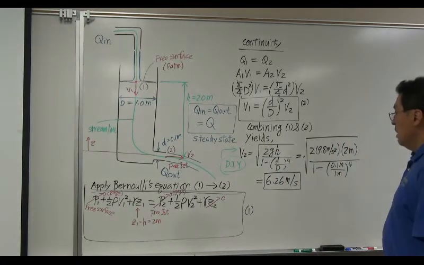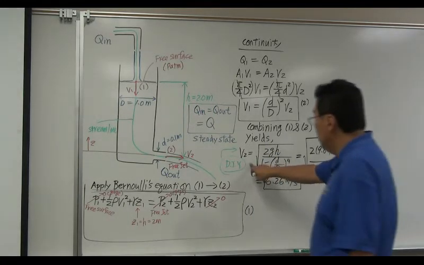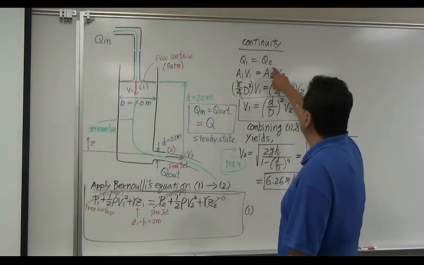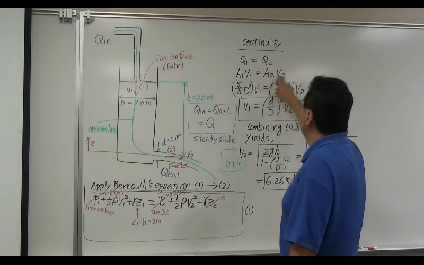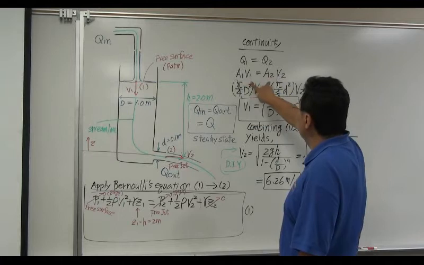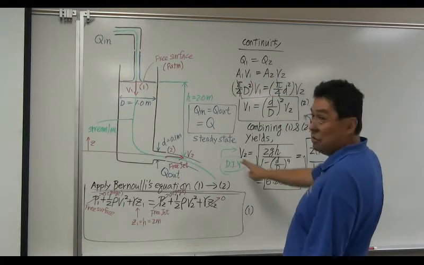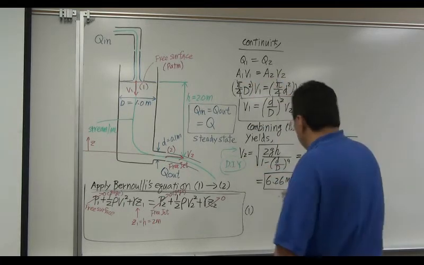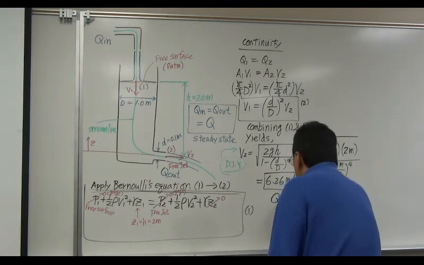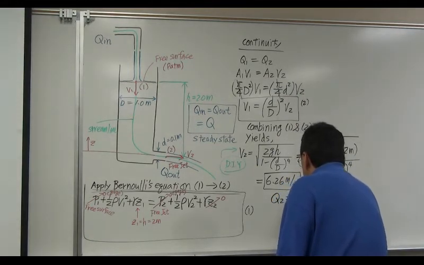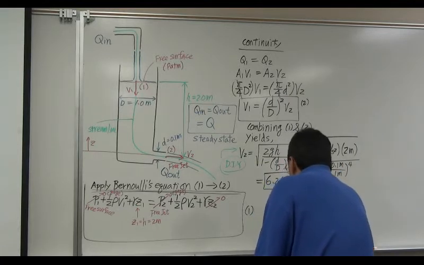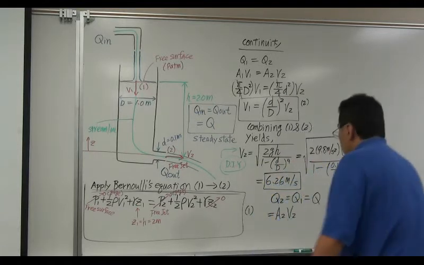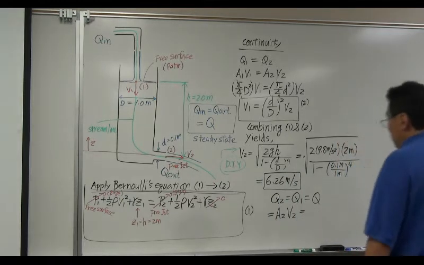Good. So once you get the velocity V2, of course you can define flow rate by either V1A1 or V2A2 because it's the same thing. So since you know V2, let's use A2V2 to find out. So Q2 is equal to Q1 equal to Q, which is equal to A2V2 or A1V1, either one is fine, but let's use A2V2.